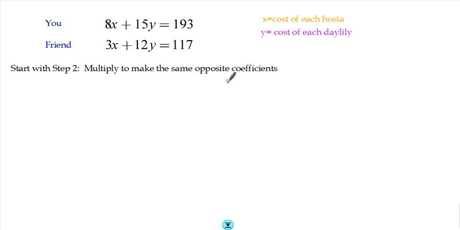Now, which one are you going to eliminate? The coefficients in front of x or the coefficients in front of y? Well, it doesn't matter. You can pick whichever you want. But for this, I will pick 8 and 3. I'm going to get rid of the coefficients in front of x. Why? Because these numbers are smaller.